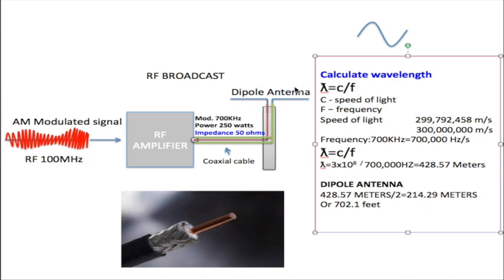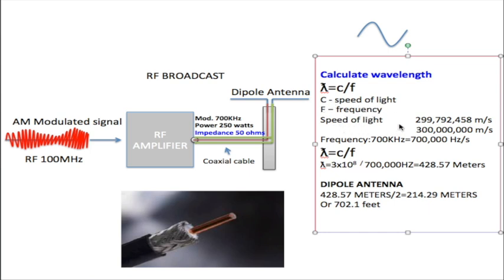In order to calculate this, we need to find out what the wavelength is going to be. This is the wavelength, and this wavelength is sent out by the antenna when it's broadcasting. It's 700 kilohertz. This is the symbol for wavelength, which is equal to C over F. C is the speed of light and F is the frequency.